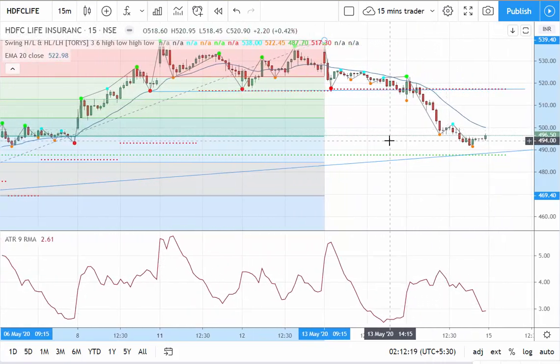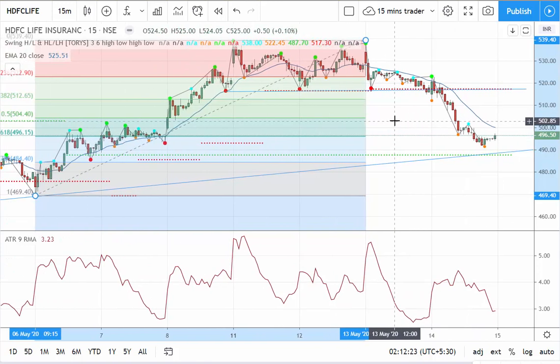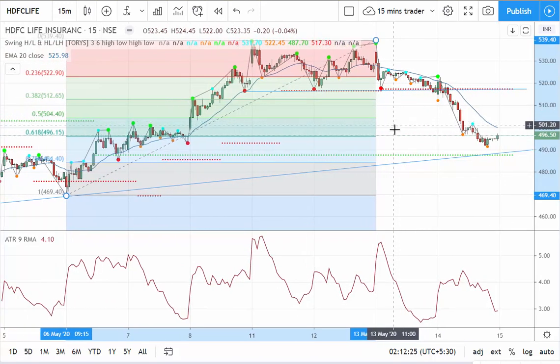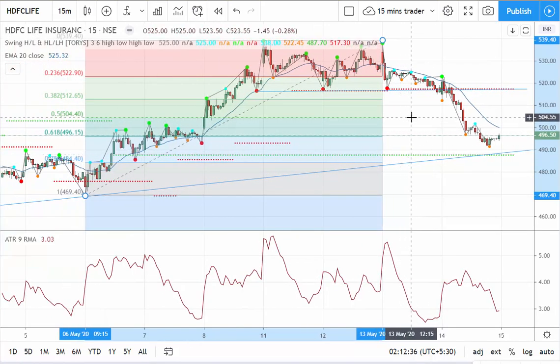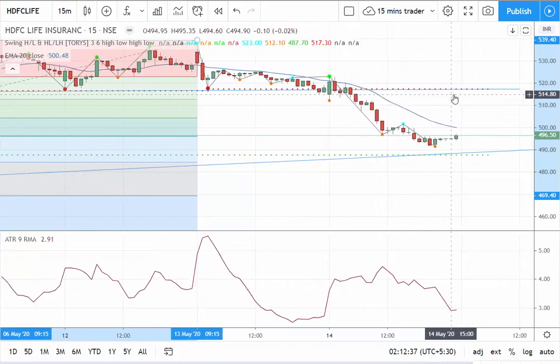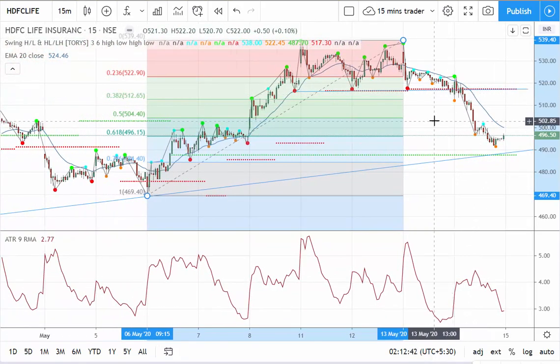When I'm a learning trader, I'll try to capture these. We have to capture all the big moves without any hesitation, even if you're in profits. You have to just follow the logic. So this is how I traded HDFC Life.